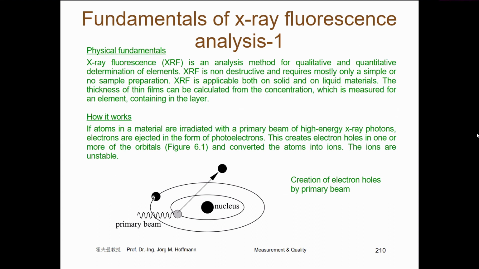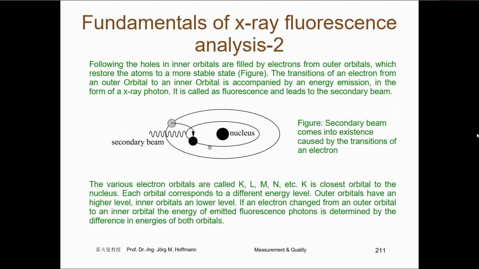And therefore, I must look, yes, I have it on this picture. Therefore, this electron that was pushed out of the atom will be replaced by another electron from an outer shell. And because the inner shell has a lower energy than the outer shell, this electron gives a secondary beam.